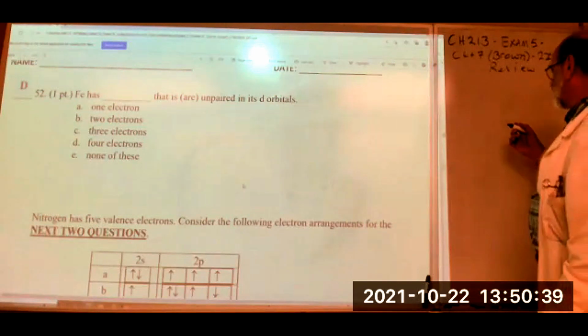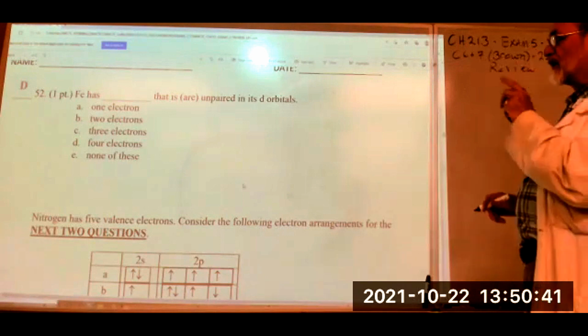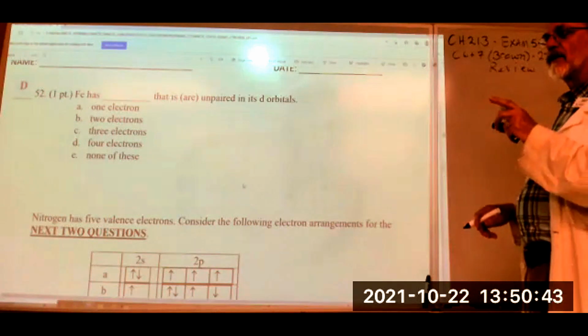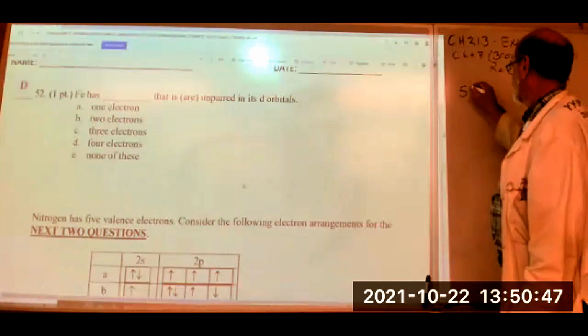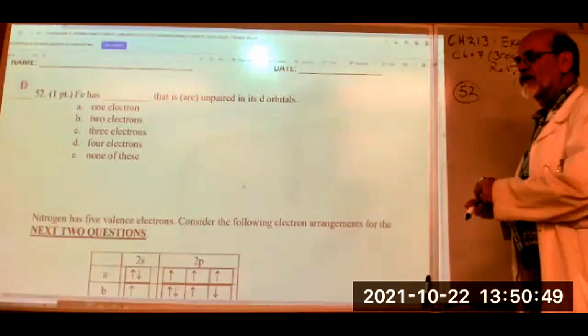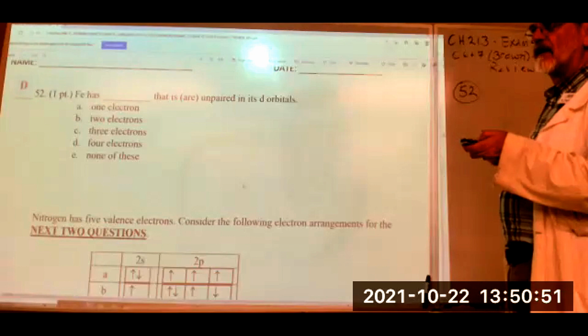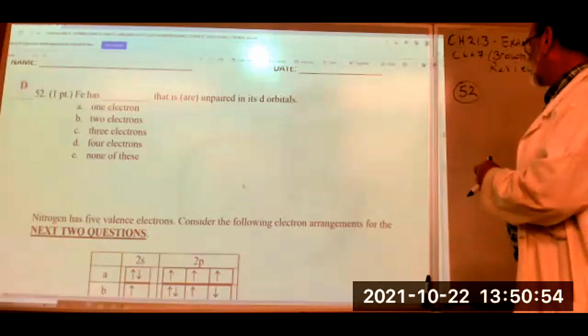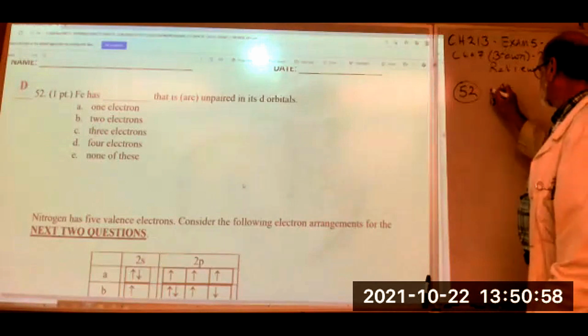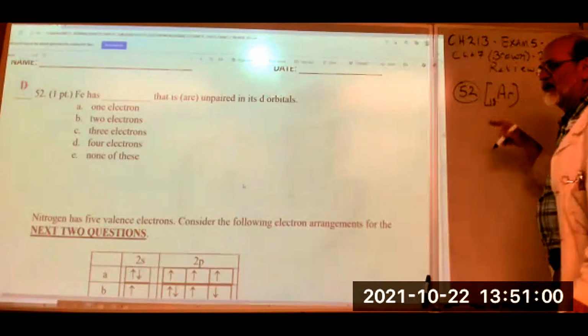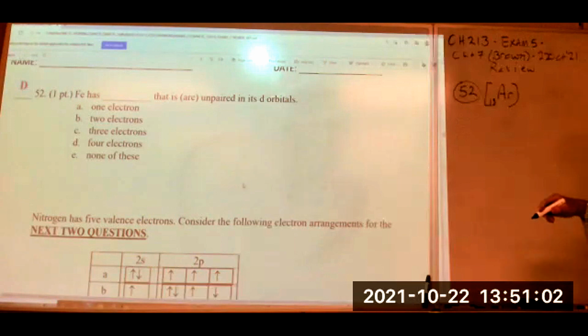What is iron going to be? All right, if we're going to just talk about the d orbitals of iron, we can use our abbreviated version. 52. So if we follow iron backwards, we eventually get to argon at 18. And they don't do it, but I like to write the number in there also. Keep track of my electrons.